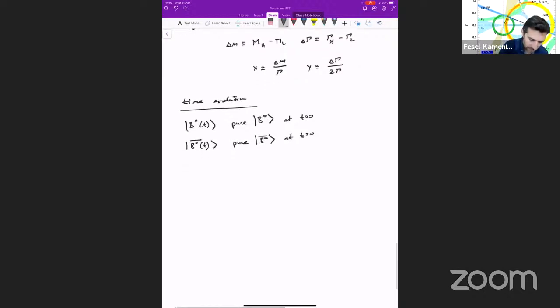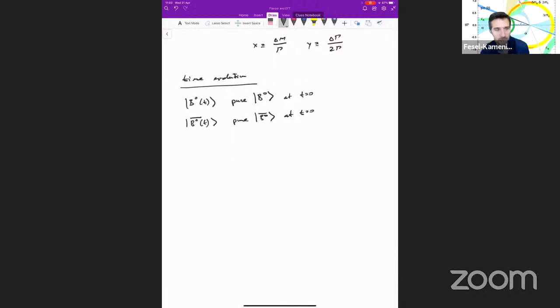Okay? Now, in general, solving the above time evolution equations, one can derive the following time dependence. So B⁰(t) is then given by g plus of t times B⁰ minus Q over P times g minus of t times B⁰ bar.